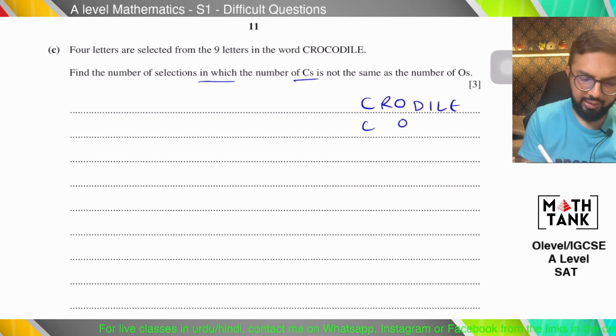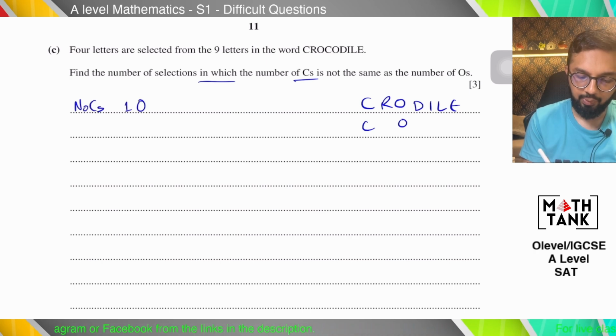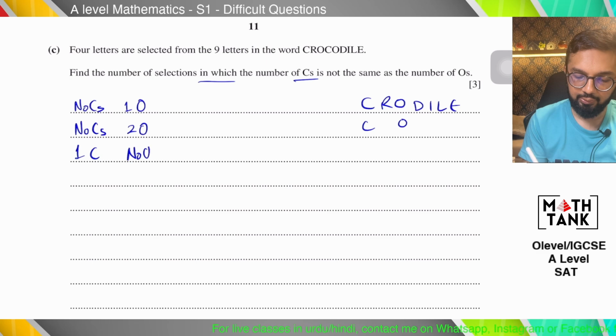So I can have no C's and one O. I can have no C's and I can have two O's. I can have one C and I can have no O's. I can have one C and I can have two O's. I can have two C's and I can have no O's. I can have two C's and then I can have one O.